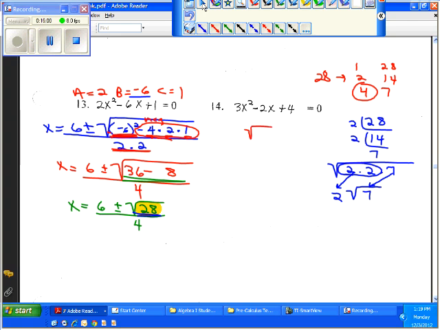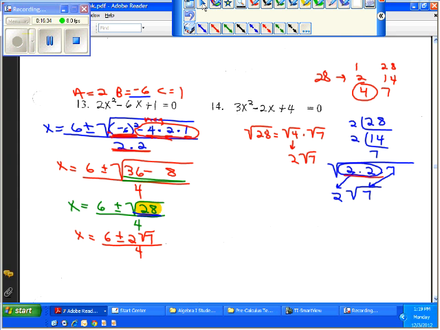We could think of the square root of 28 as being the square root of 4 times square root 7, then we could think, well, what times itself is 4? 2. So we get 2 square root 7. That's not any different than thinking that, right? In that 28, there's a 4 and a 7. And the 4 came from that pair of 2, so it popped out. Okay? So we have x is equal to 6 plus or minus 2 square root 7 over 4.